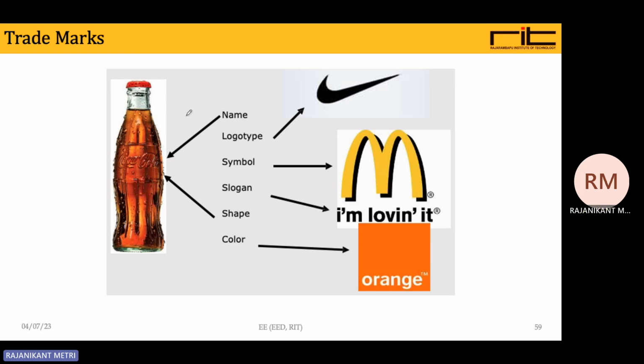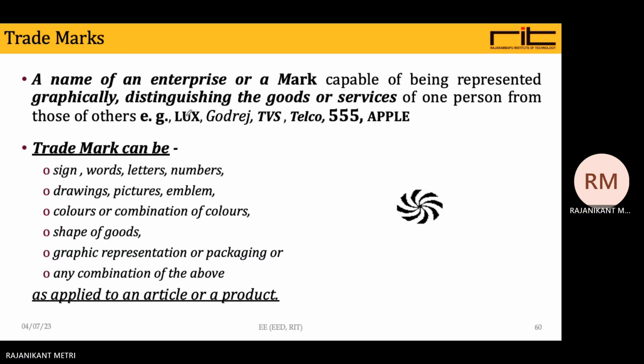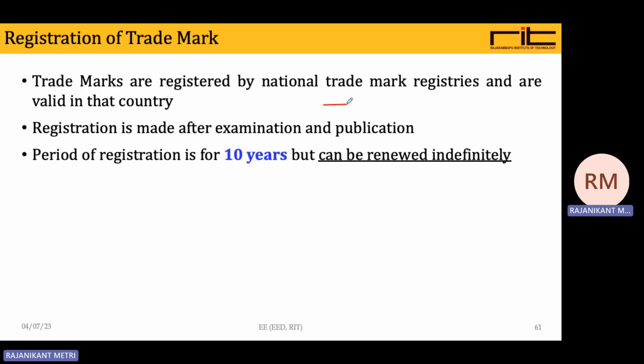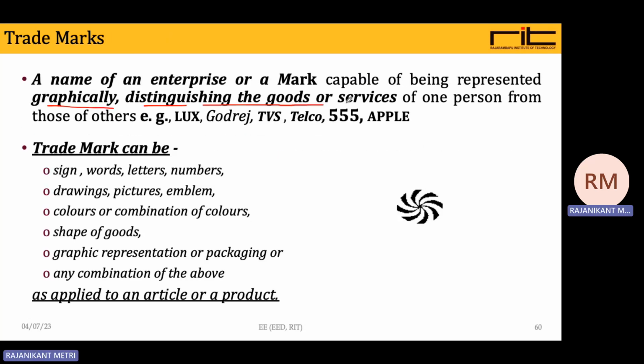Now we'll see what are the points considered in a trademark. A name of an enterprise or a mark capable of being represented graphically, distinguishing the goods or services of one person from those of others. For example, we see soaps like Lux, Godrej, TVS, Telco, then 555, Apple, and many more such.